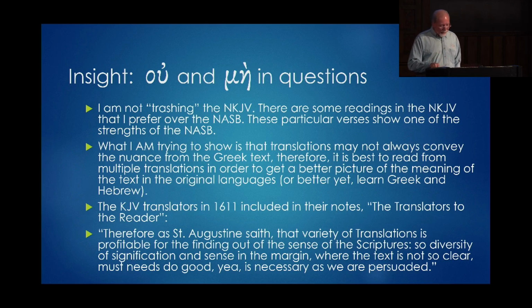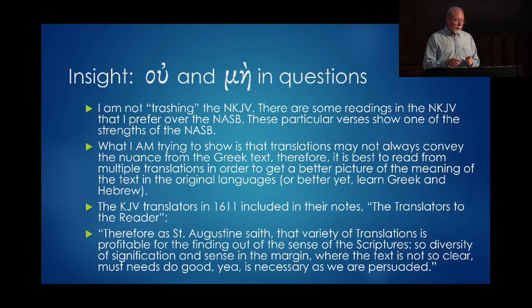What they mean is, some of the King James only people do not like the New King James Version, and one of the reasons they'll say they don't like it is because the New King James Version has marginal notes that will list alternate translations. And they say, that's all wrong. The King James Version doesn't do that. They just tell you what it says, what it means, and they don't put those marginal notes in like the New King James. And they'll put down the New King James Version because it does it.